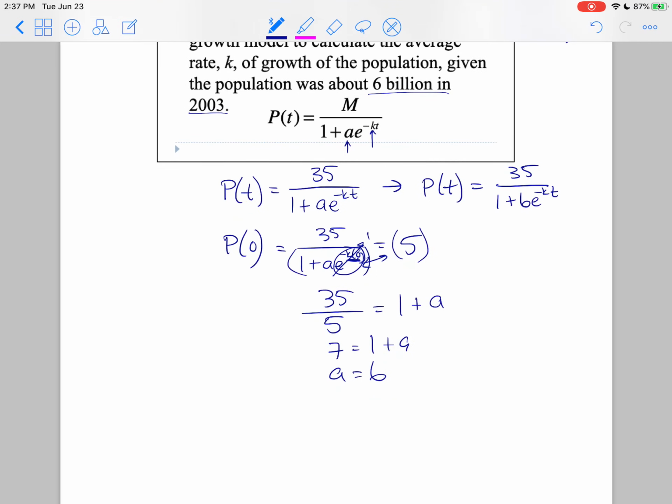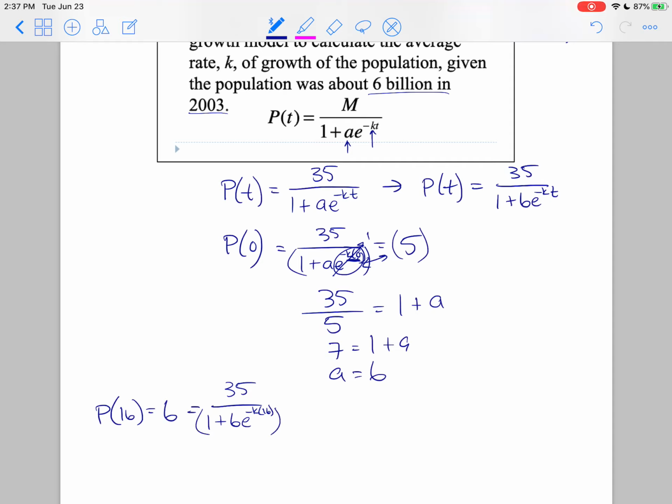So that means P of 16, which we know is 6 billion, is equal to 35 over 1 plus 6e to the negative k times 16. So now my goal is to solve for k, but I'm going to do that same switcheroo trick.